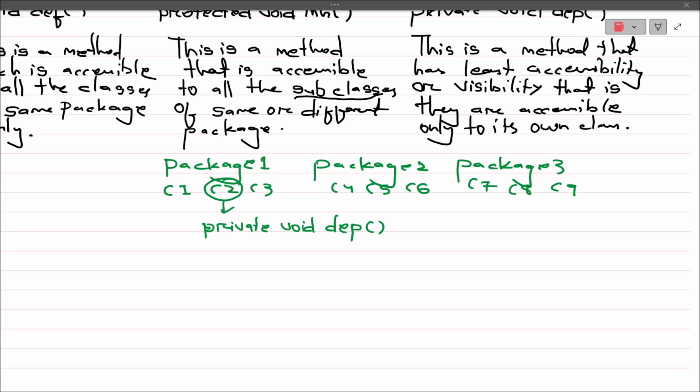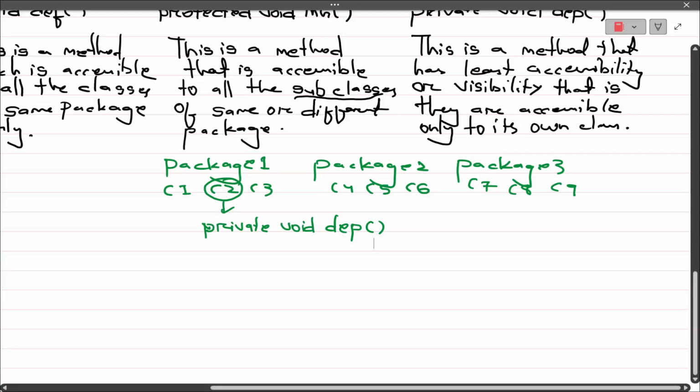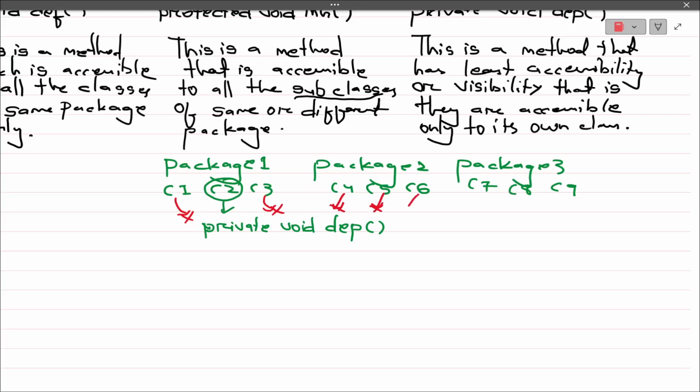Yes. So the meaning of this is, private void DEP means this is only accessible to this class. So any other class will not be able to access a function that has the keyword private.